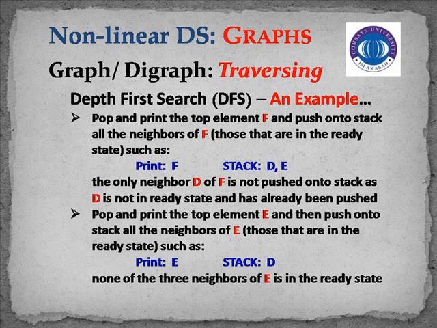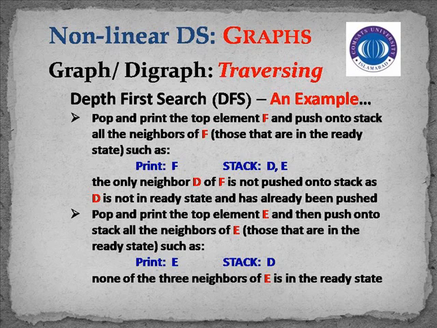Dear listeners, again pop and print the top element F, and push onto the stack all the neighbors of F that are in the ready state. The only neighbor D of F is not pushed onto the stack, as D is not in the ready state and it has already been pushed.